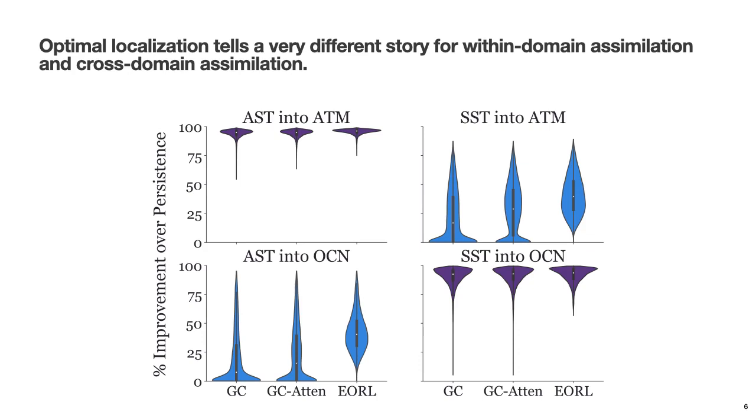On the other hand, when we look at the off-diagonal plots, the ones that I'm showing in blue here, these are the cross-fluid assimilation, so assimilation of, for example, sea surface temperature into the atmosphere. The story is quite different. Here, it really does matter which localization scheme you use, and only the very best, the empirical optimal R localization, is consistently giving us an improvement over persistence across the entire globe and all of the columns that we looked at.